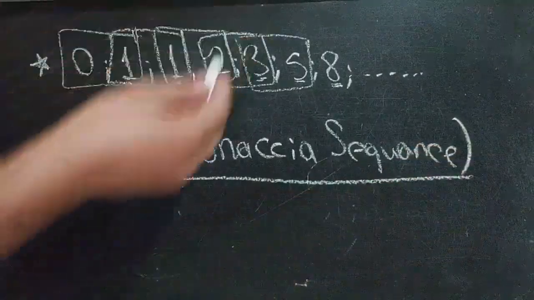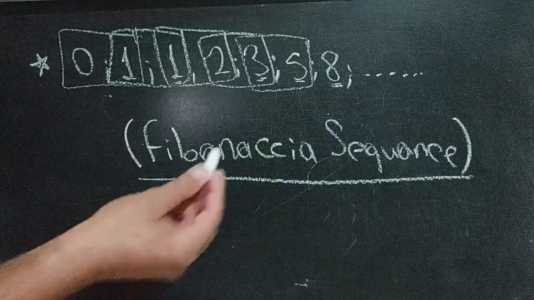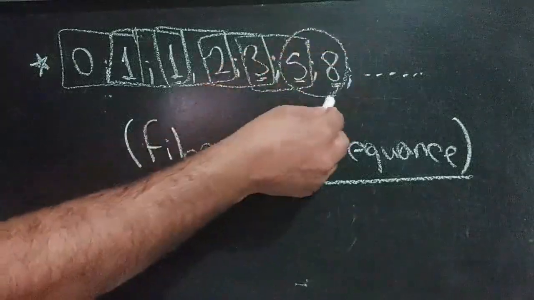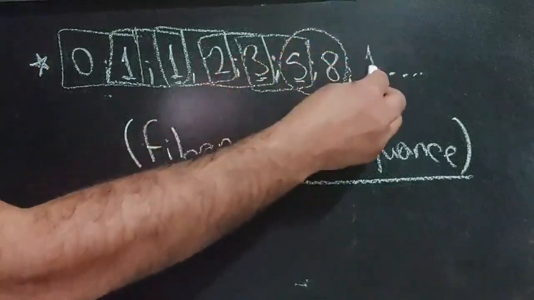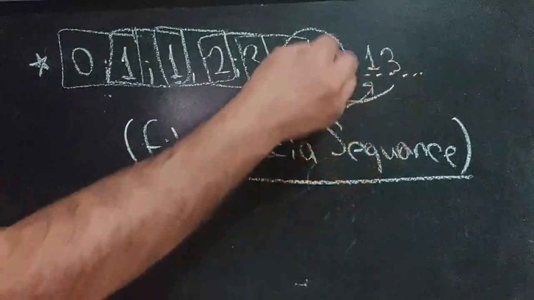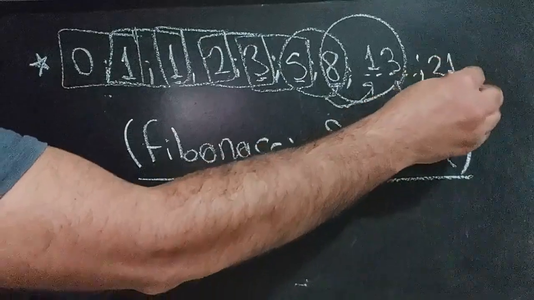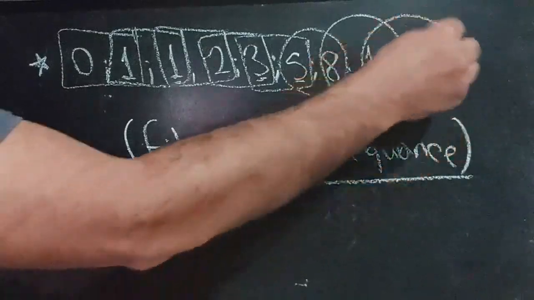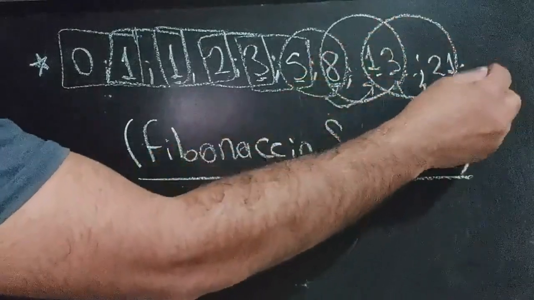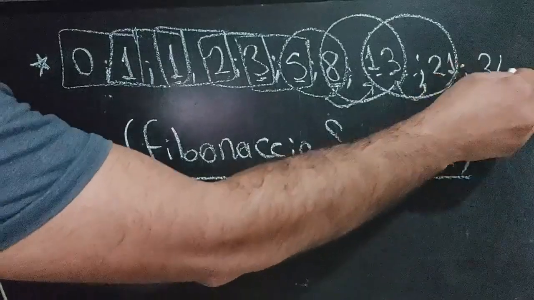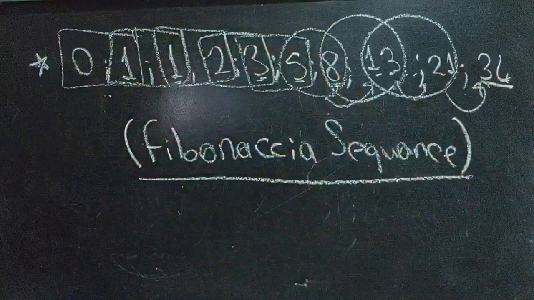So when they ask you for the next 2 or 3 terms, you just add the last two to find the next one. That will be 13, and add the next two to find the next one. The next one is going to be 21, and for the next one, add them up. That will be 34. All right, it goes to infinity.